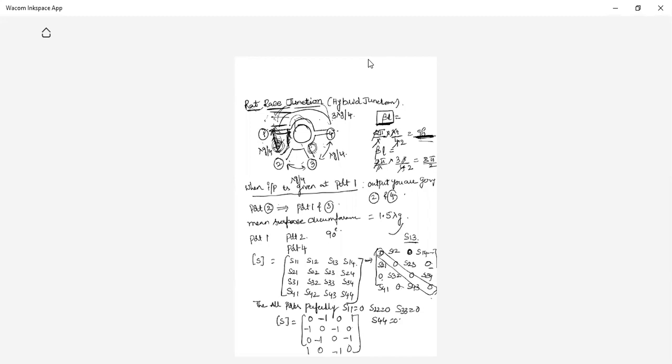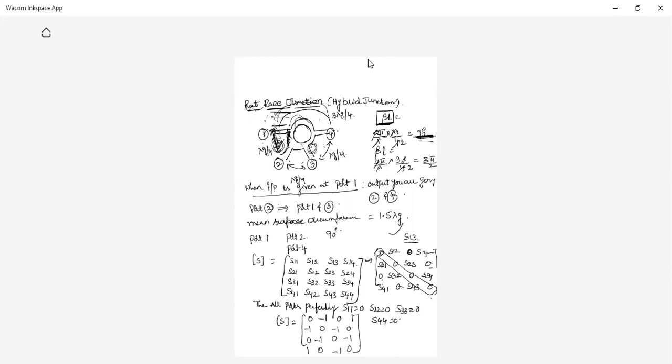It's a hybrid junction, a 4-port device to add or combine two signals, or to divide the signals equally between two ports. The circumference of the hybrid junction is 6 lambda g by 4, which is nothing but 1.5 lambda g.